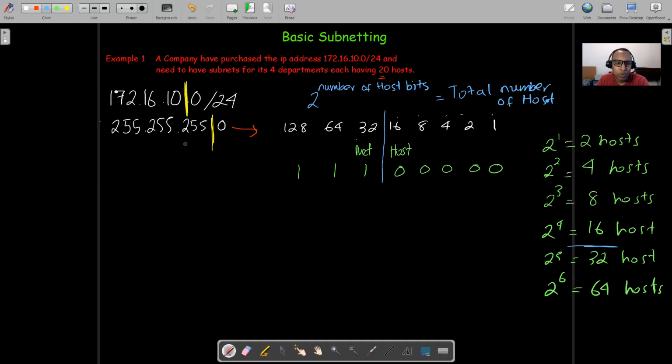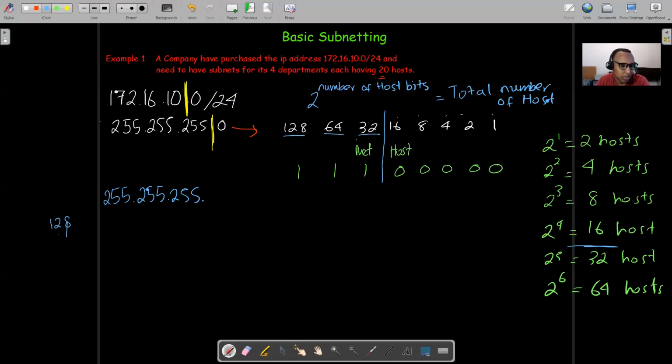So the subnet mask would have changed because now we have extra bits that are on, joining the network portion. The first 3 octets won't change, so it'll still be 255.255.255. However, there are 3 added bits, and we need to find the value of these 3 bits that will be part of the last octet, and that is 128, 64, and 32.